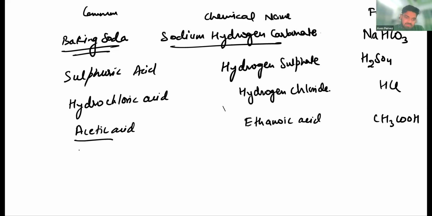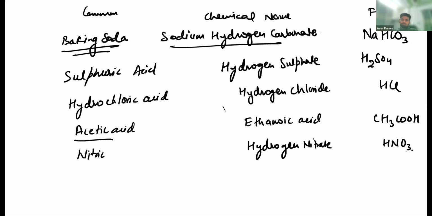Nitric acid is hydrogen nitrate, and its formula is HNO3. In ethanoic acid, the formula is CH3 and C double O, then OH: COOH.